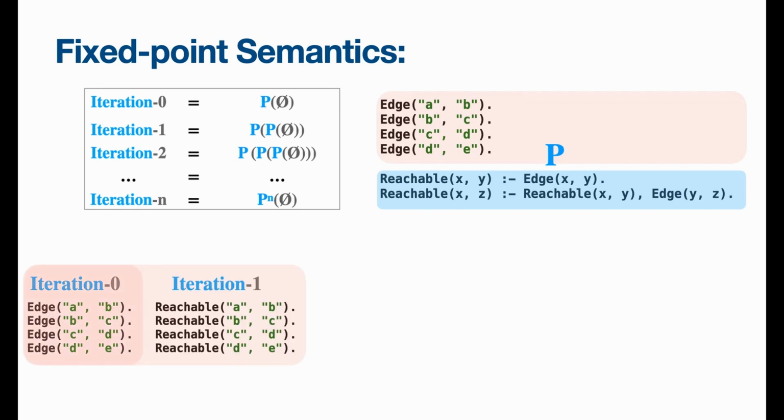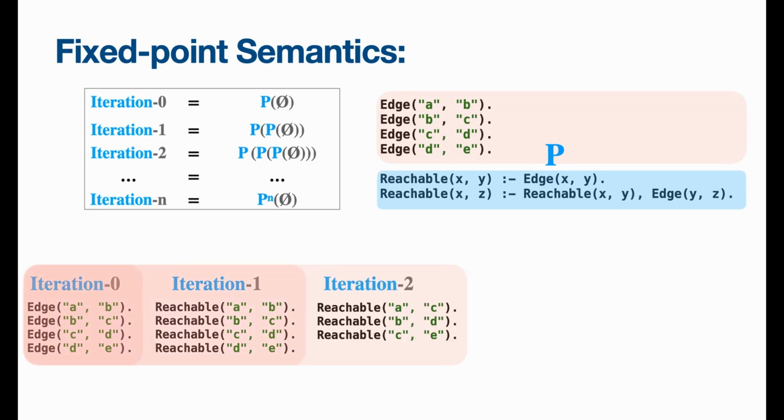By using the first inference rule, you immediately know that if there is an edge, it is also reachable. So you just have these new additional tuples, and then you take all of this information, iteration 0, iteration 1 all together, and you again apply the rules to generate further new facts.